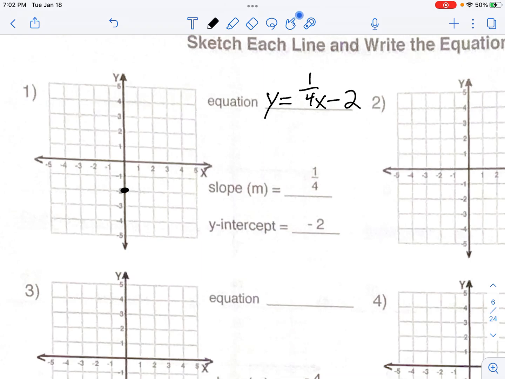So plotted at negative 2, and then we're going to go up 1 and right 4. And then we need to go backwards. So go back to the y-intercept. Go down 1 and left 4. And then draw your line.